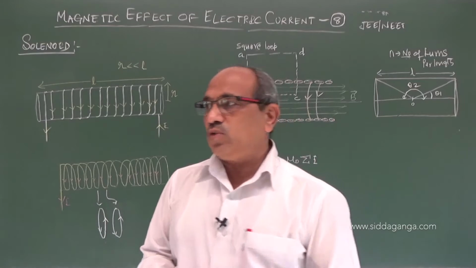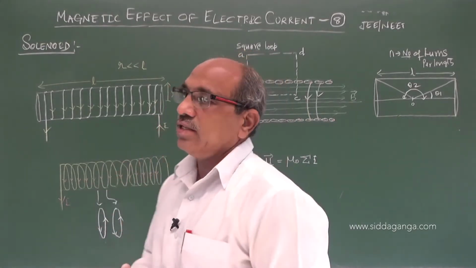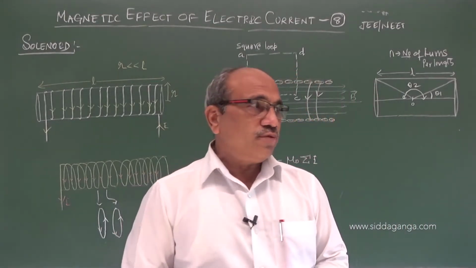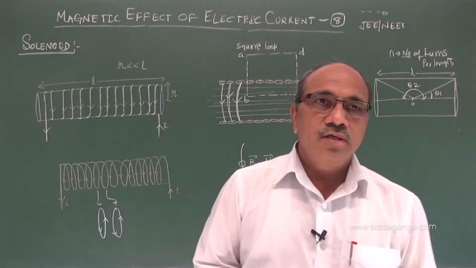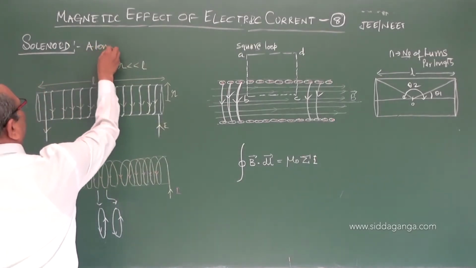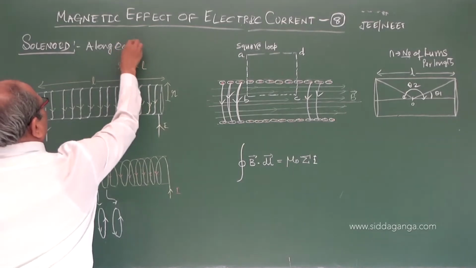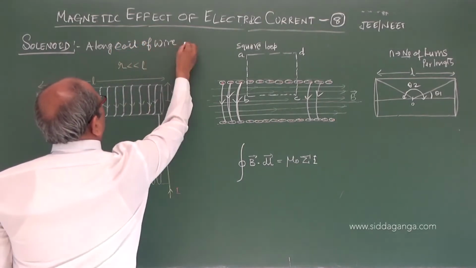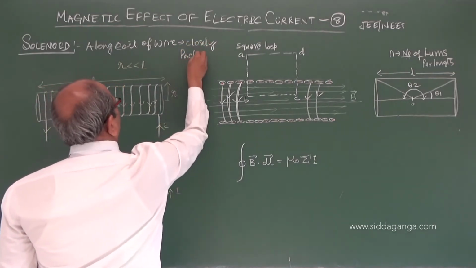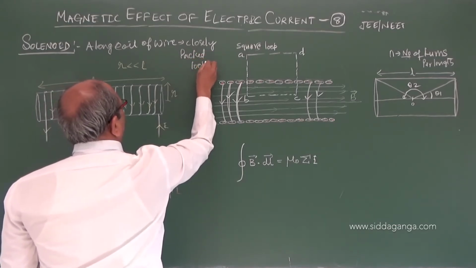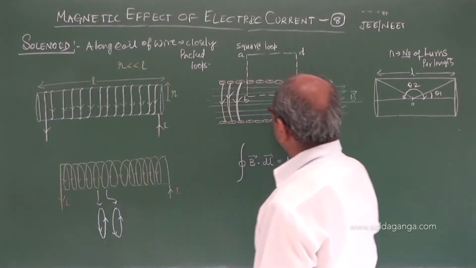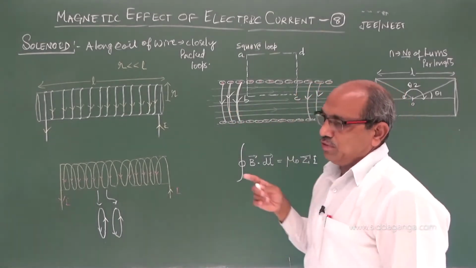Now I am considering the most important magnetic device which produces a magnetic field of almost uniform value over a long range: the solenoid. A solenoid is nothing but a long coil of wire consisting of closely packed loops which produces the magnetic field along its axis over a long range, almost uniform.